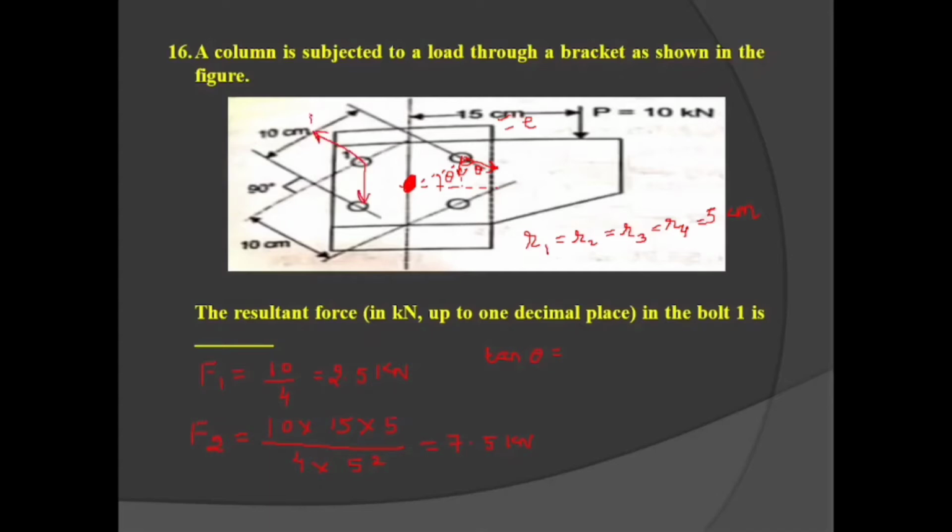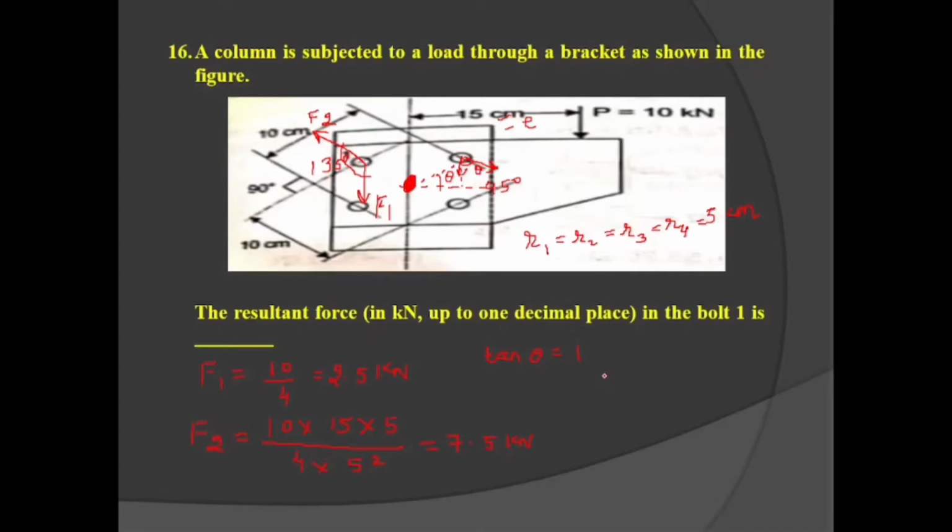This is F2, and this is our F1. So here theta is basically 135 degree, because tangent theta is equal to 1. Please be careful, 45 degree or 135 degree here. So theta is equal to 45 or 135 degree.